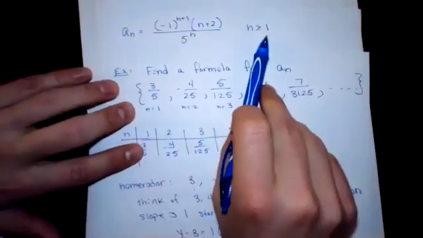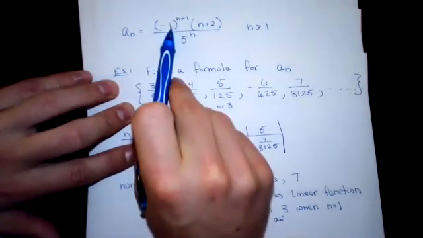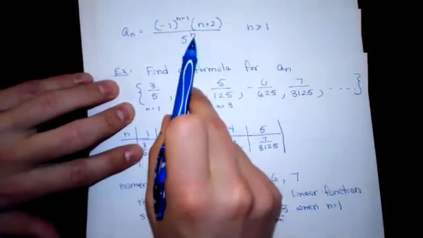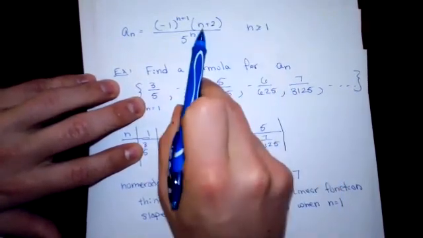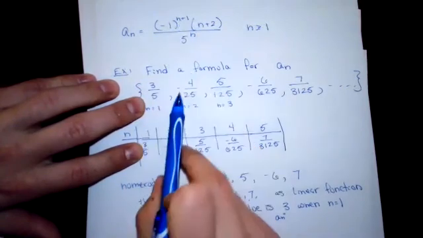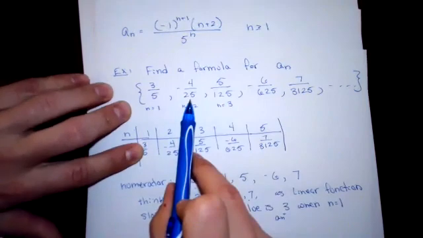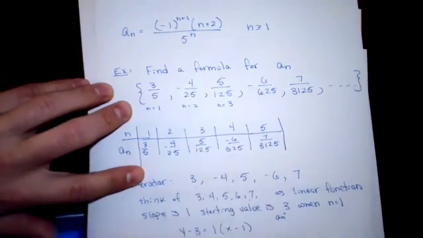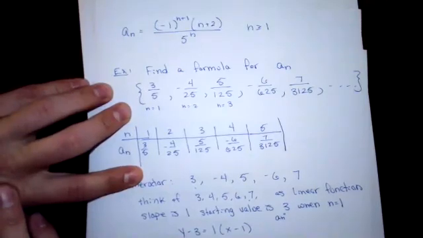If I plug in 1, we will get a 3 times a positive number, and of course, in the denominator, we'll have 5. If we plug in a 2, we will have a 4 times -1 cubed gives me a -4 over 5 squared gives me 25. So we check a few values and we see that that's a good expression for our sequence.